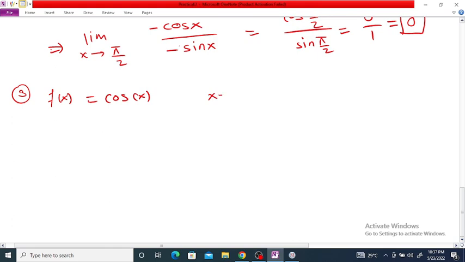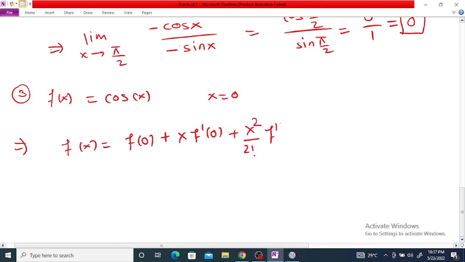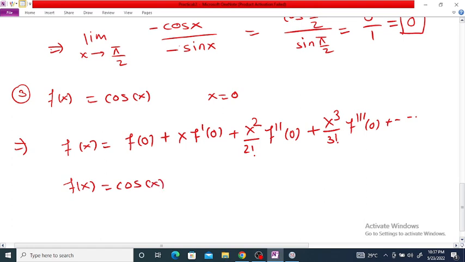So the formula is f of x is equal to f of 0 plus x f dash 0 plus x square by 2 factorial f double dash 0 plus x cube by 3 factorial f triple dash 0 and so on. So here f of x is equal to cos x implies f of 0 is equal to 1.